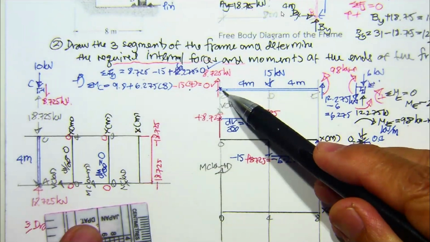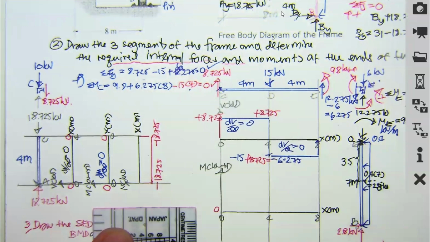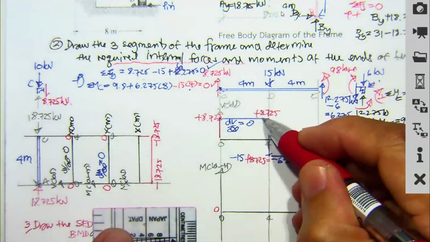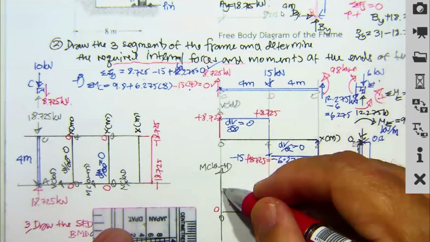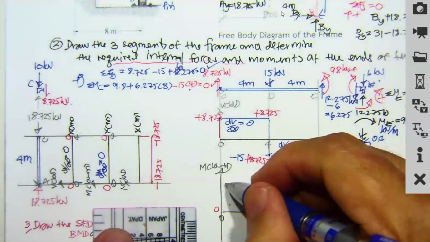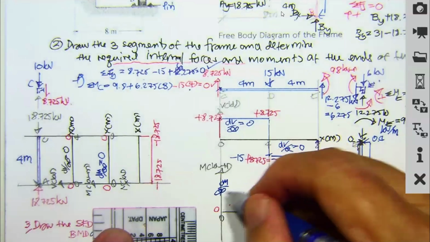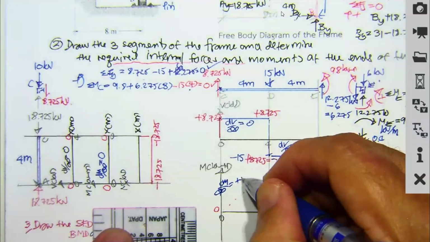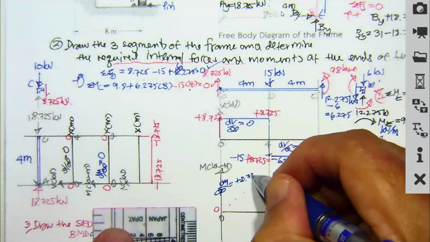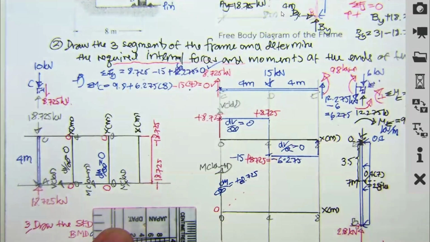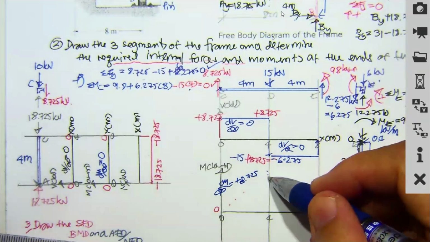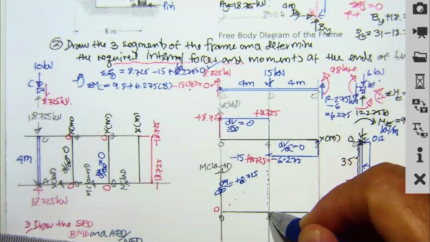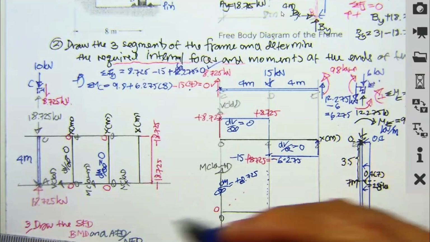So we have 0 moment over here, and then shear positive. So we have slope upward. We have dM by dx equal to plus 8.725. And what we have to calculate is the moment at 4 meter or at D.